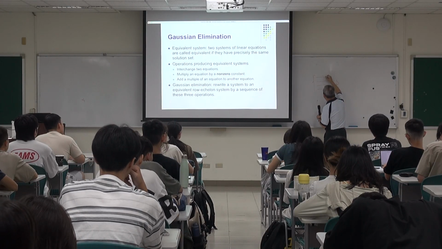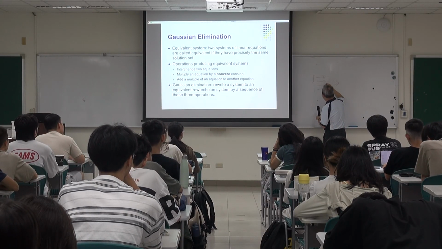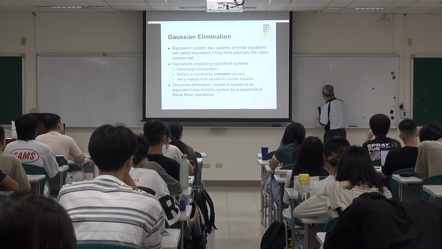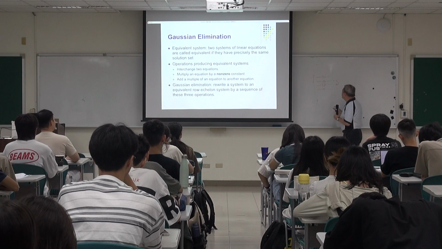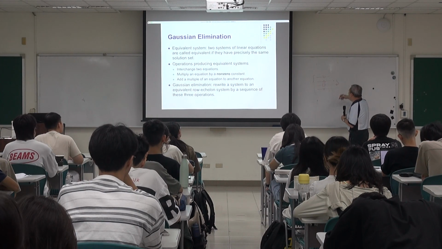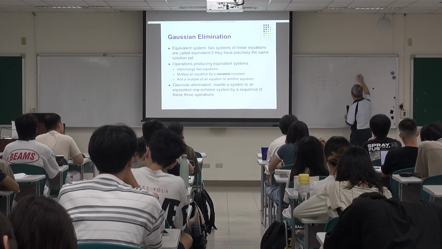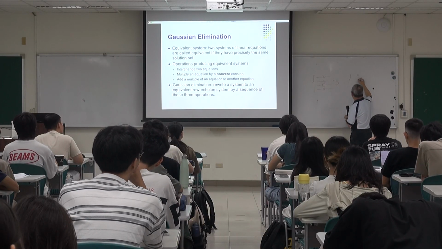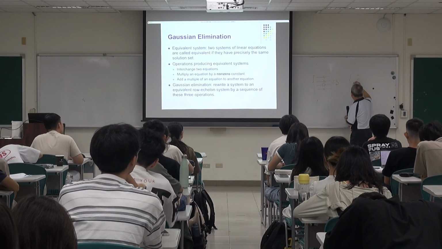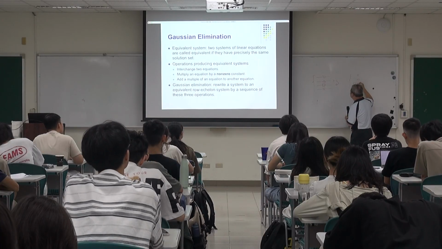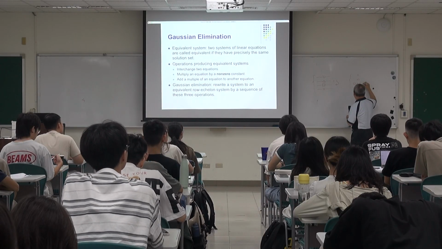This is a circle. This is a triangle. This is a square. This is a box. So if this is the original equation, then after this operation, it becomes circle, triangle. This becomes a square plus c times triangle, right?